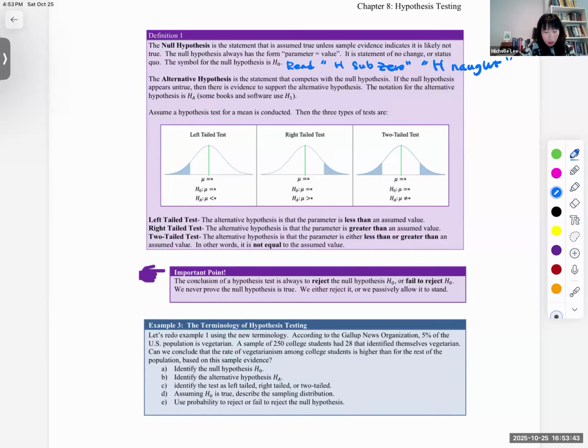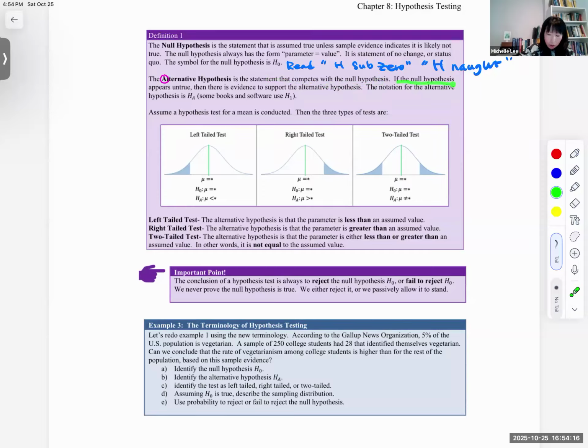All right, the alternative hypothesis test. We use H sub A, the first letter A for alternative. It is a statement that competes with the null hypothesis.